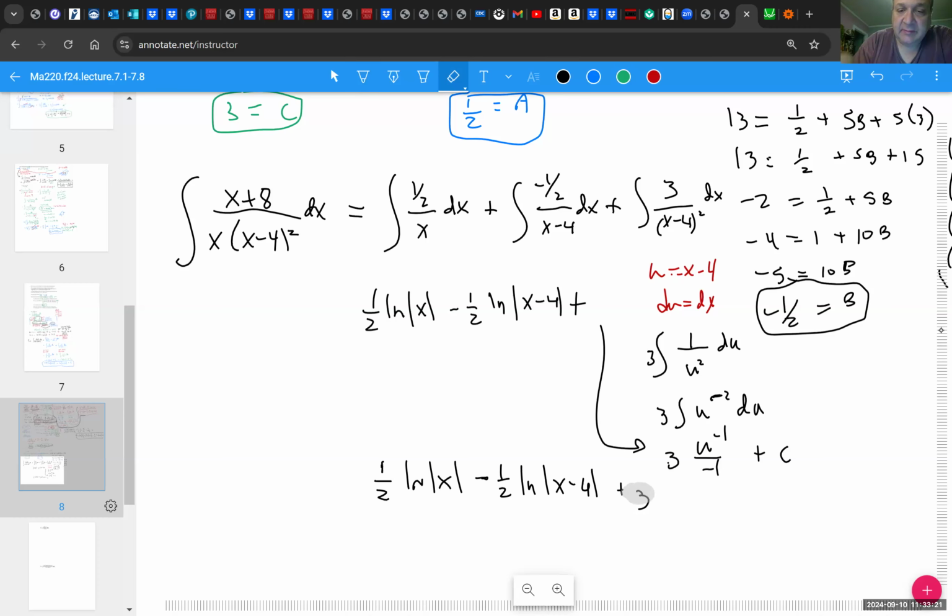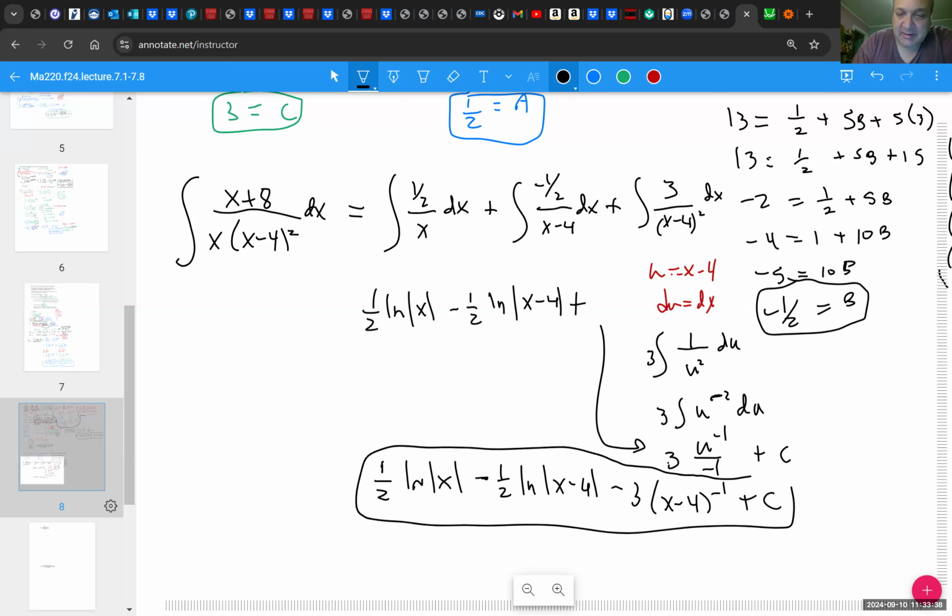So let me write this as a -3 to combine this together. -3, and then u to the -1 is, what's u? U is x minus 4. So we get x minus 4 to the -1 plus c. It's mostly straight. I know it's leaning a little bit down, but it's there. That's the answer to this example, this long example where we have a repeated root. So I was trying to show you what happens when you have a repeated root.